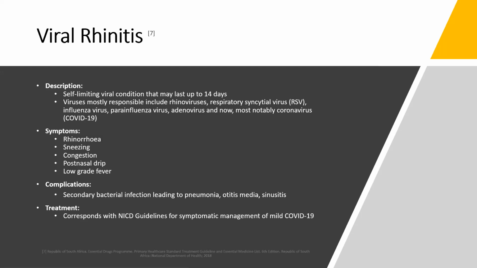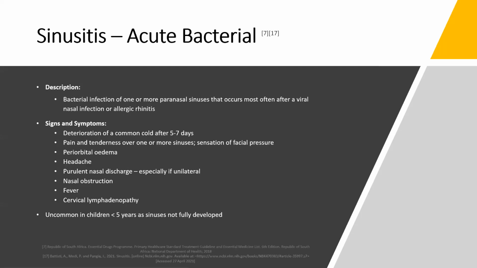Complications of viral rhinitis would be secondary bacterial infection in whatever form that takes: pneumonia, otitis media, sinusitis, a postnasal drip could also complicate with tonsillitis. So just be aware of the current NICD guidelines for PUI patients and then manage the symptoms as per these guidelines, as the EDL's treatment is also the same as the symptomatic management in the NICD for mild COVID-19.